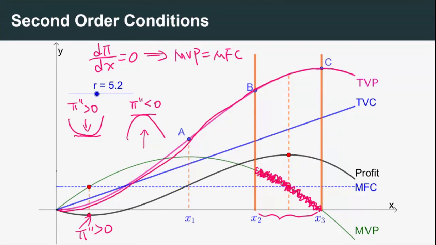In a lot of cases you don't see the part to the left where MVP is increasing, or the part to the right where MVP is smaller than 0. Usually you will say downward sloping MVP, and that's most of the cases where we're interested to find out the maximum profit.